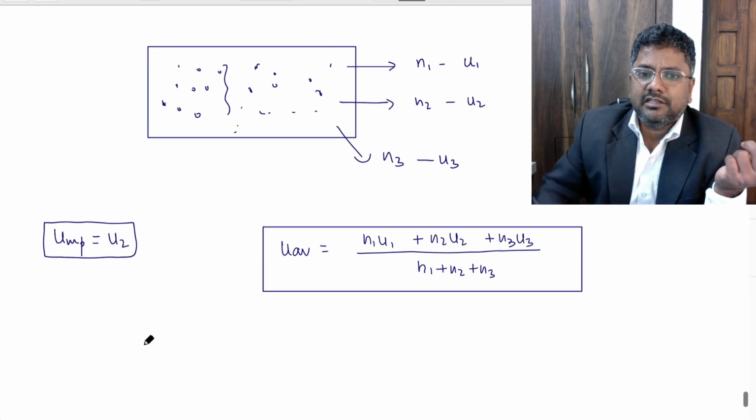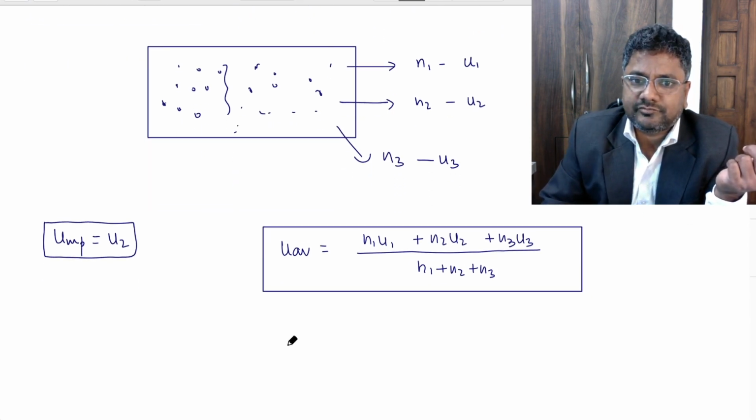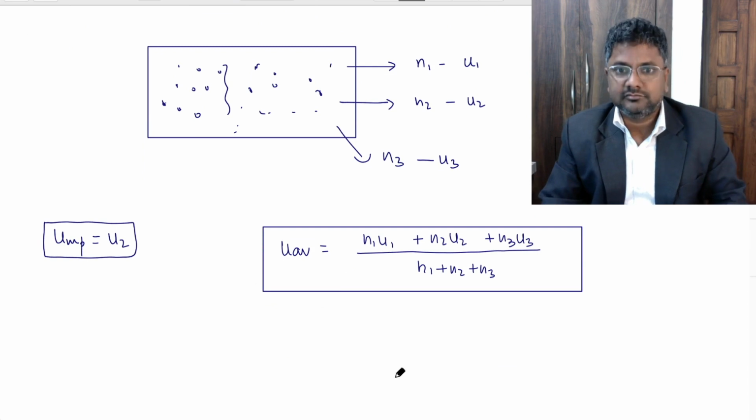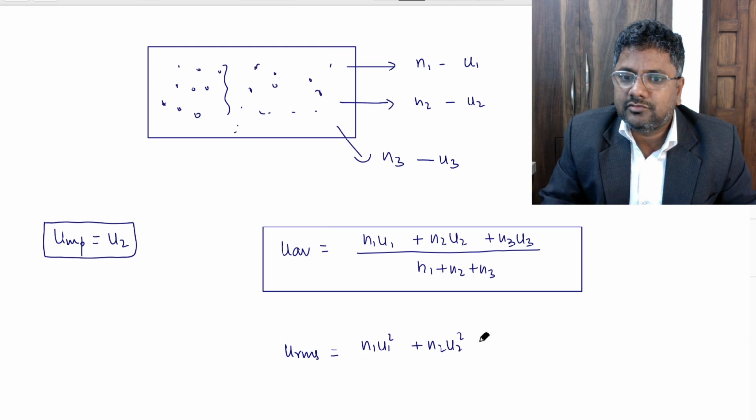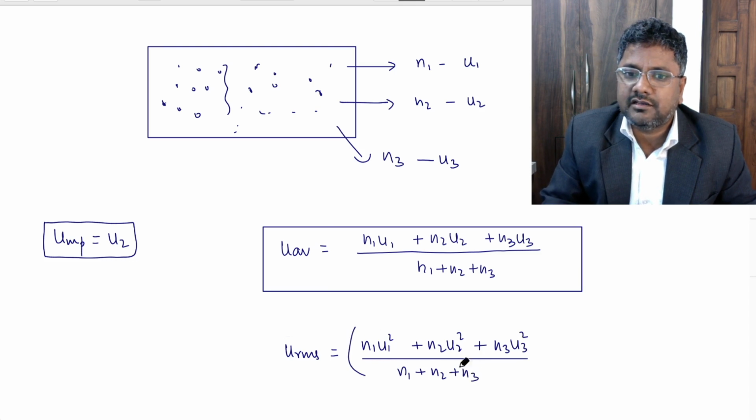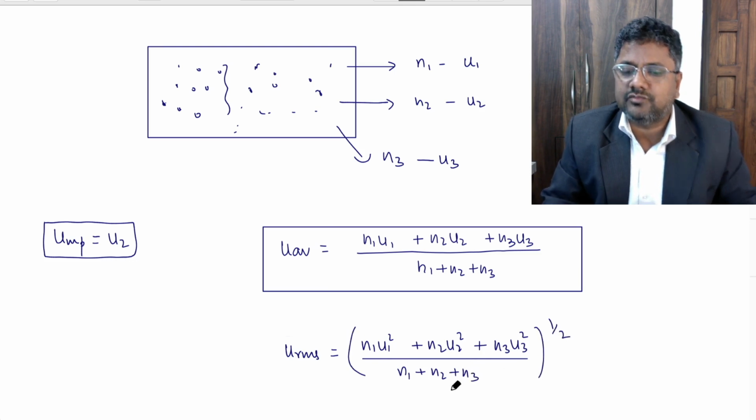And similarly, you can calculate URMS here. URMS is equal to n1u1 square plus n2u2 square plus n3u3 square, whole divided by n1 plus n2 plus n3, power 1 by 2.